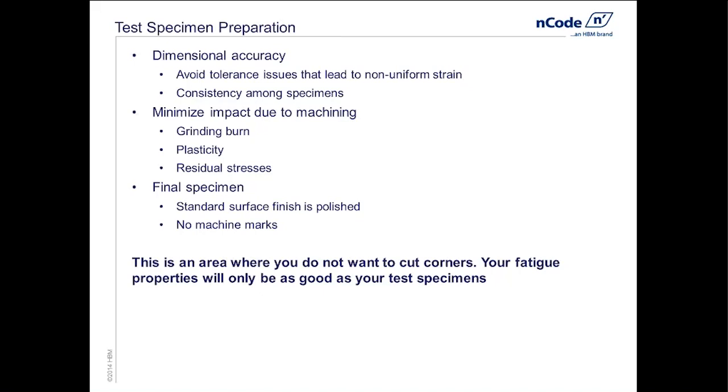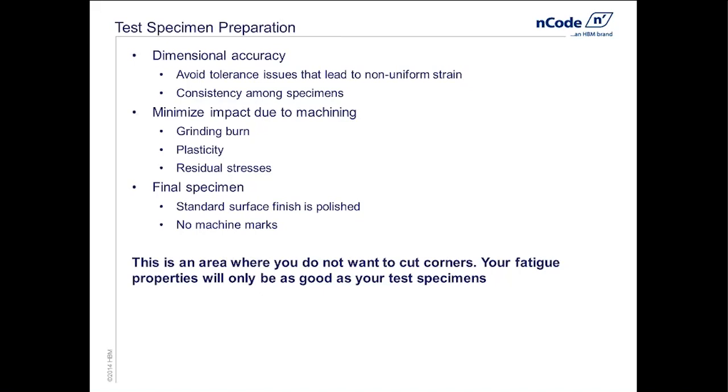As we get close to the actual specimen shapes, we want our machining to be fairly light and use small cuts in the manufacturing process, and sharp tools, to end up with a specimen that has minimized work hardening and minimized residual stresses.